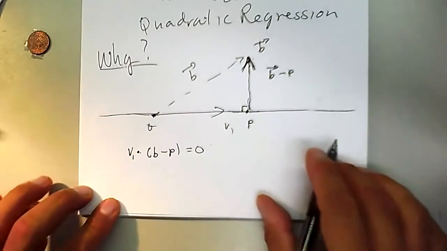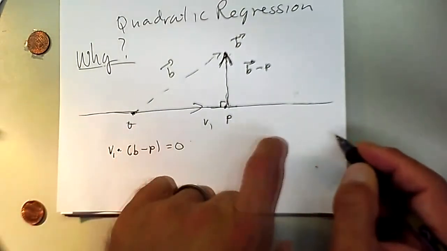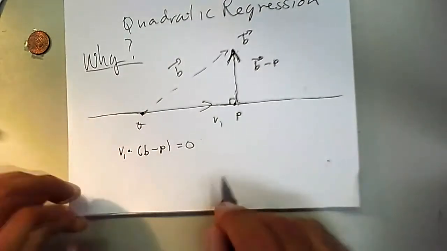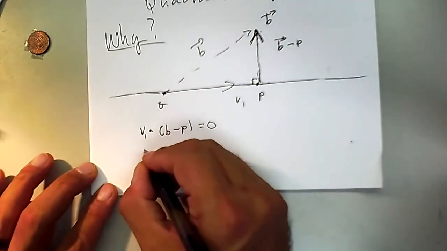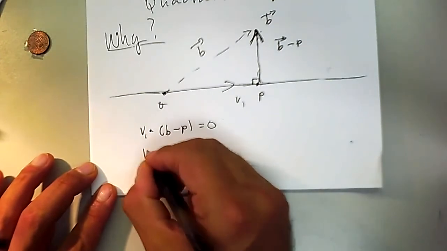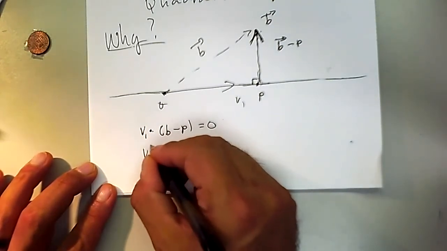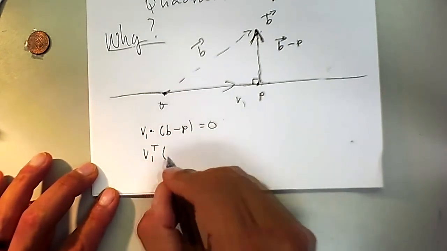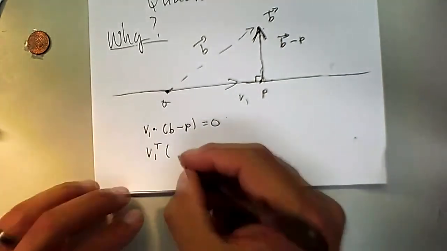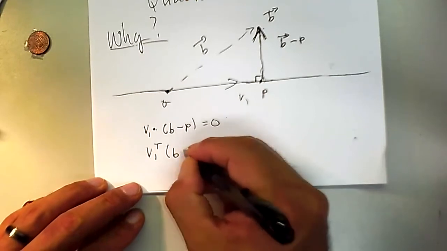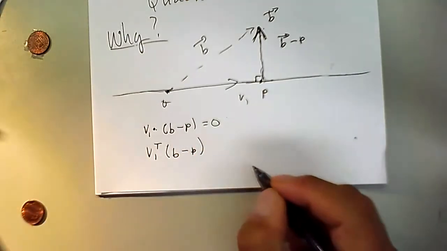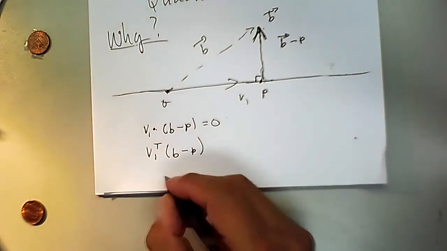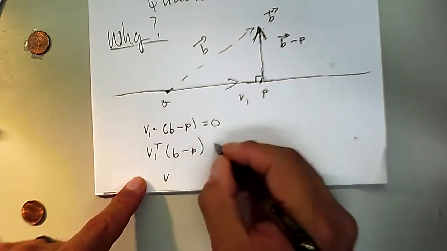And you always multiply rows with columns in matrices, so one of them has to be transposed. And so we're going to transpose the V1. And so now we don't have the dot product. We have an actual matrix multiplication: V1 transpose times B minus P, and that is equal to 0.